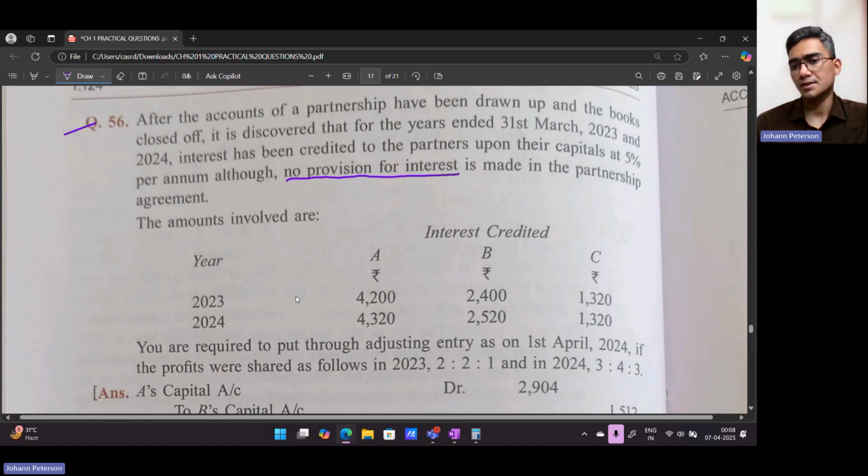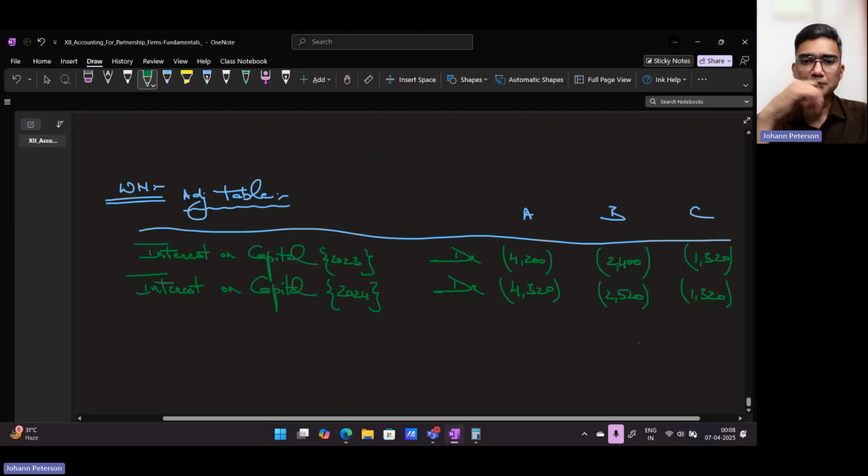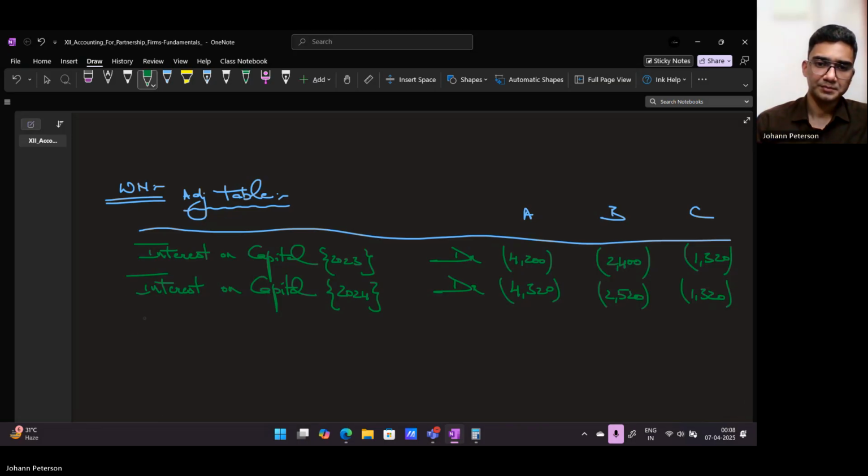Now, since we have to pass this at the end of the second year, we can calculate everything together because it is saying pass the adjustment entry on 1st April 24. And we are told the profit sharing ratio of the 2 years. So what we'll do in the first year is, first we have taken it back.